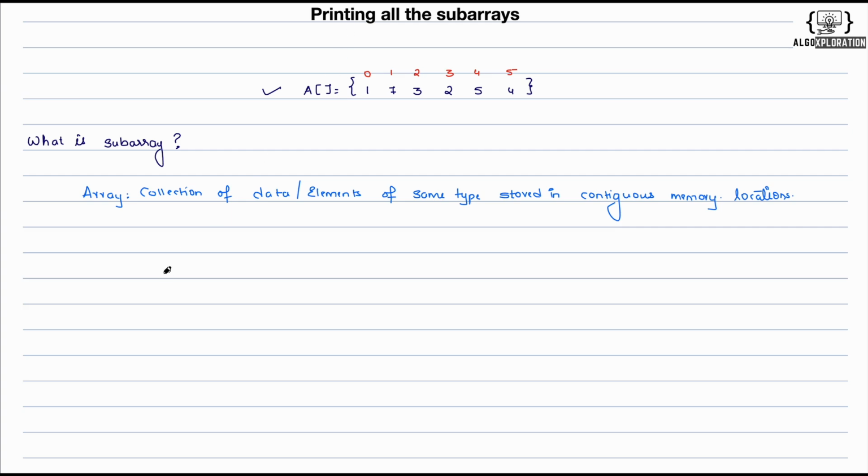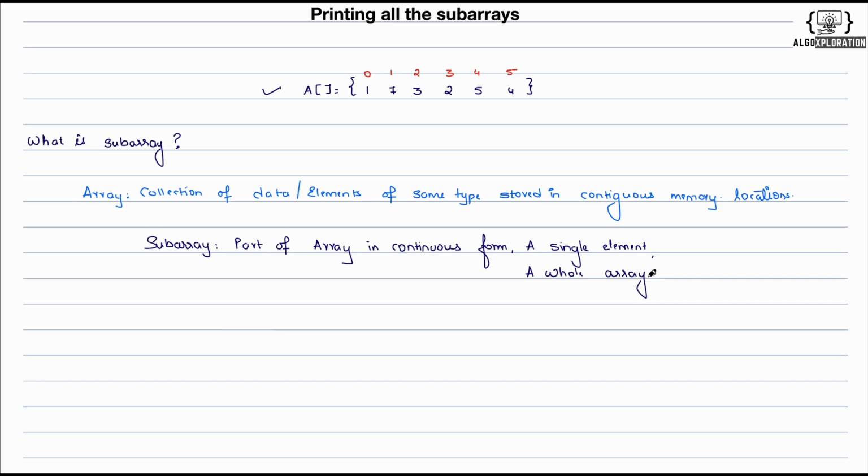So a subarray is nothing but part of an array in continuous form. Also, a single element can also be a subarray. And a whole array can also be a subarray.